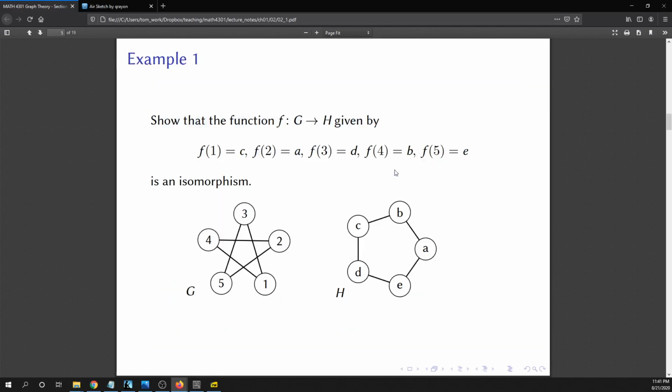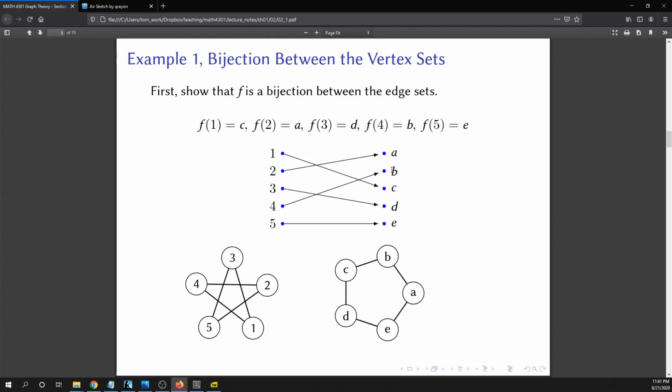So it has to be one-to-one and onto. Here it's really easy to see that the function is one-to-one and onto if you just write it out in this format right here. In this arrow diagram, I just list the vertices of G: 1, 2, 3, 4, 5.